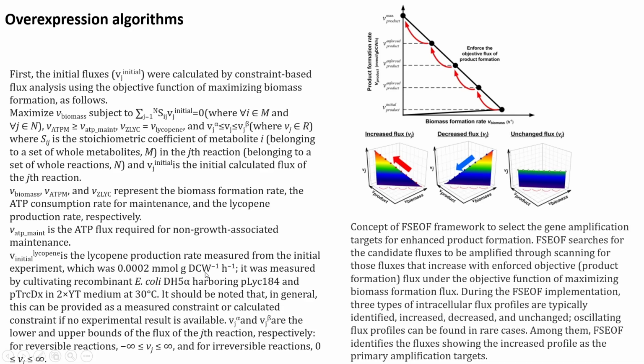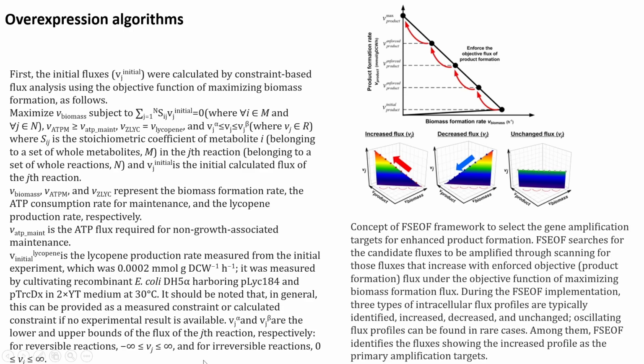Your ATP maintenance is the ATP flux required for non-growth associated maintenance. And V initial lycopene is the lycopene production rate measured from the initial experiment, basically a number measured by cultivating E. coli. These are details you can skip. Basically, this is an experimentally derived production rate using E. coli.